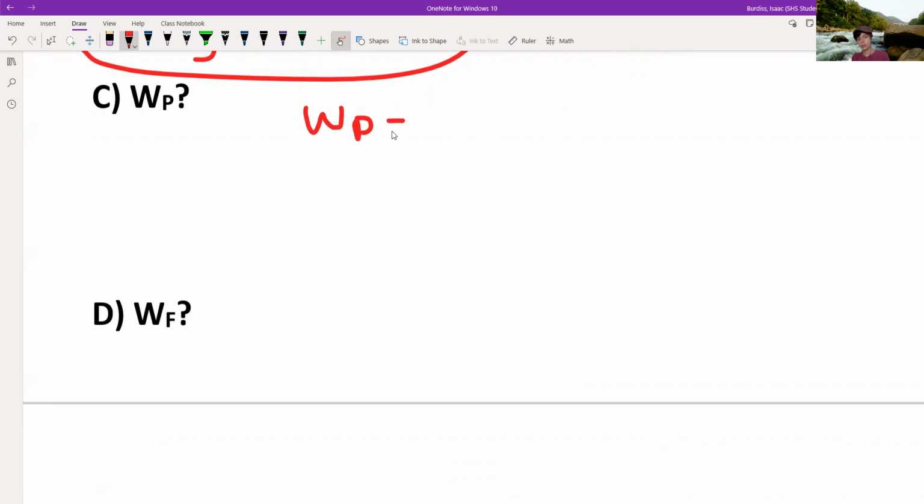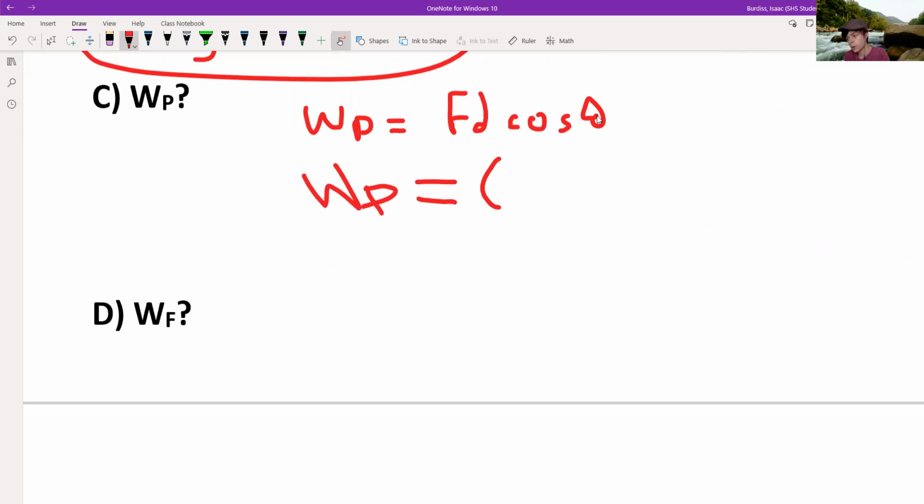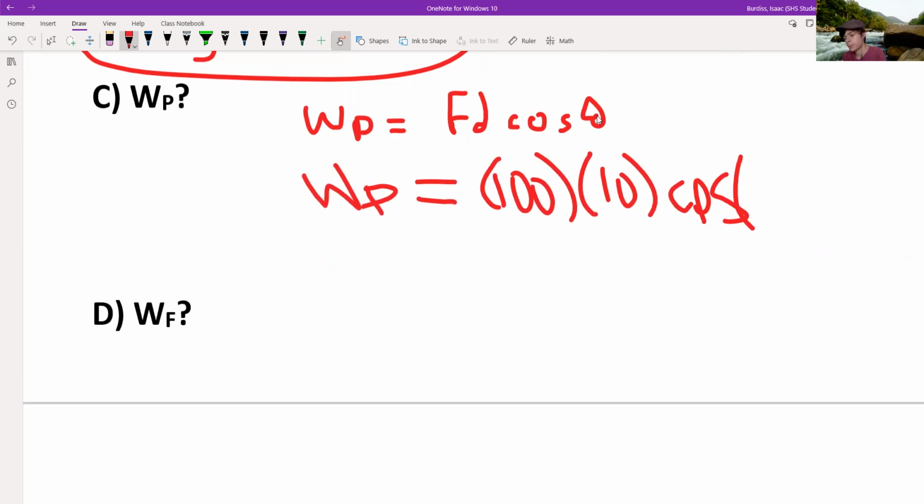All right, the work done by the applied force, that is just whatever force there is times the distance times the cosine of the angle. So force, it said the force was 100 newtons. The distance, it said, was 10 meters. The cosine, and what angle was it?